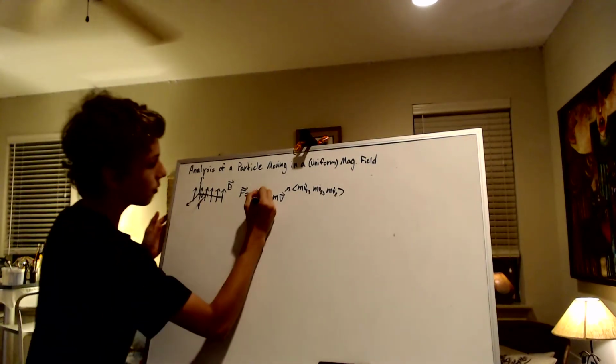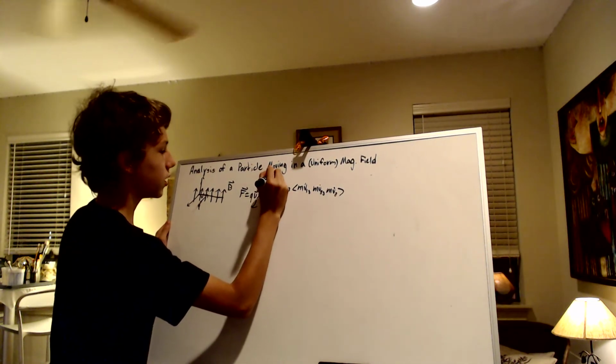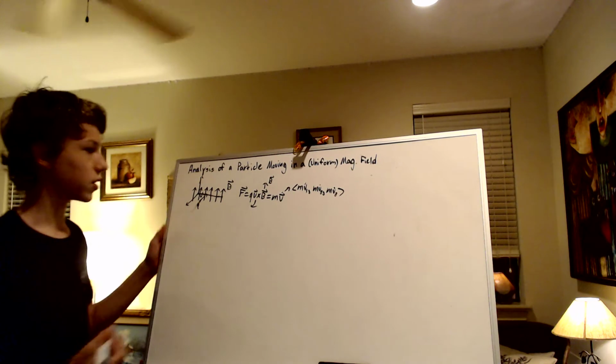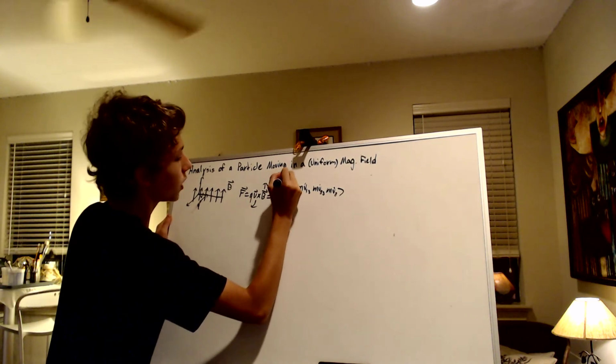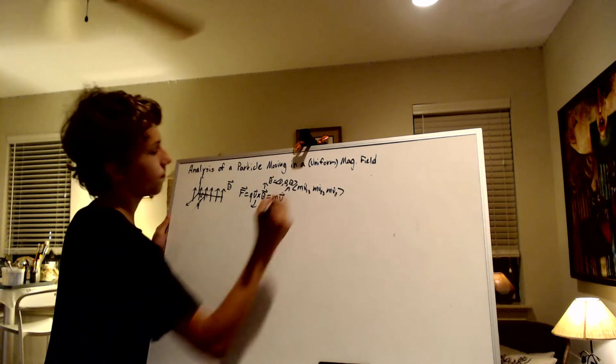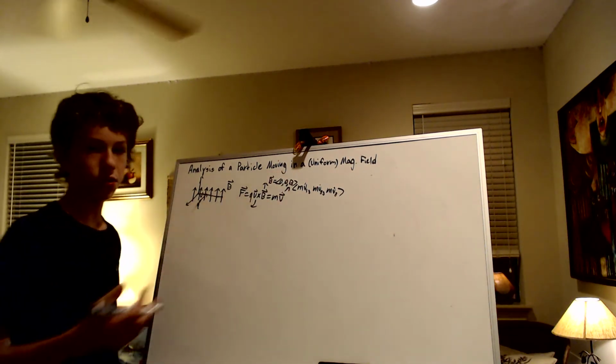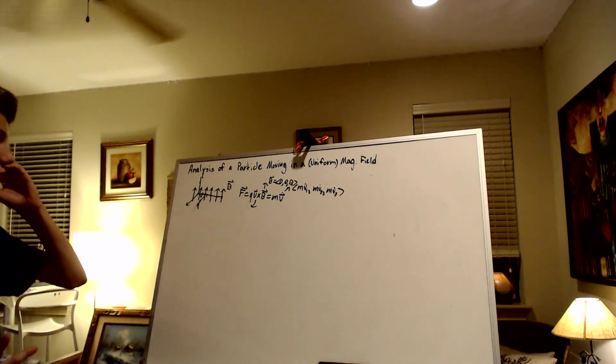Now here we're going to have to evaluate the cross product. And note that since our magnetic field is only going in one direction, this is only going to have a component in the z direction, call it b. And that's the fact that it's uniform, it's not changing with time.